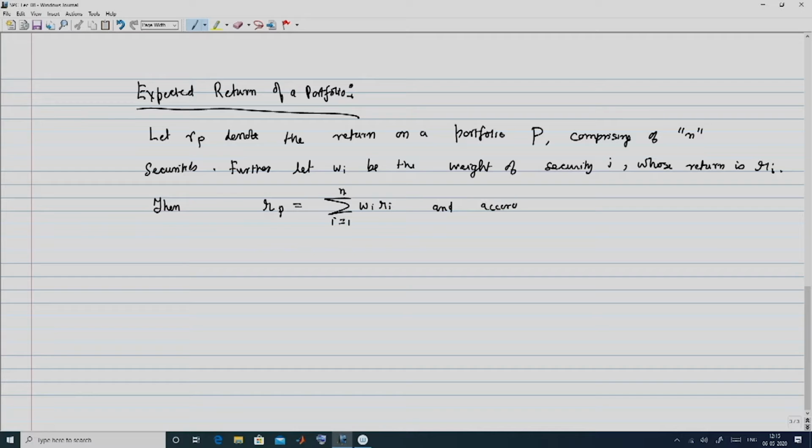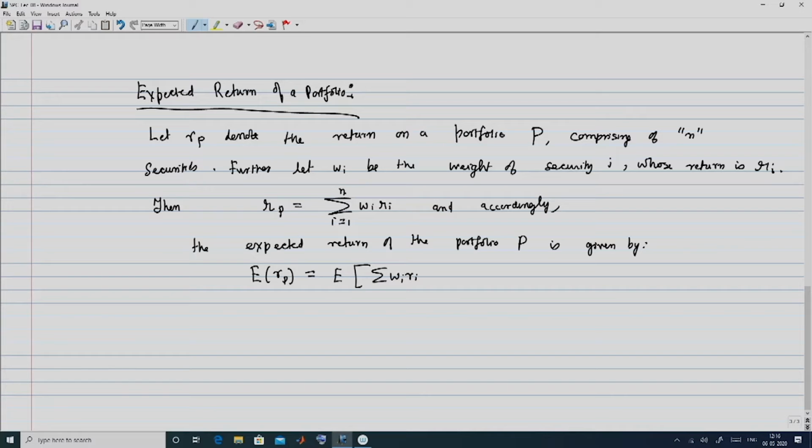and accordingly the expected return of the portfolio P is given by expected value of R P, which is expected value of summation W i R i, i equal to 1 to n, and this is summation W i E of R i, i equal to 1 to n.